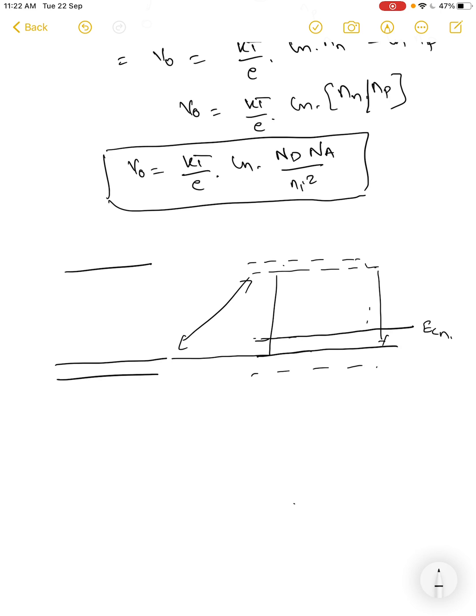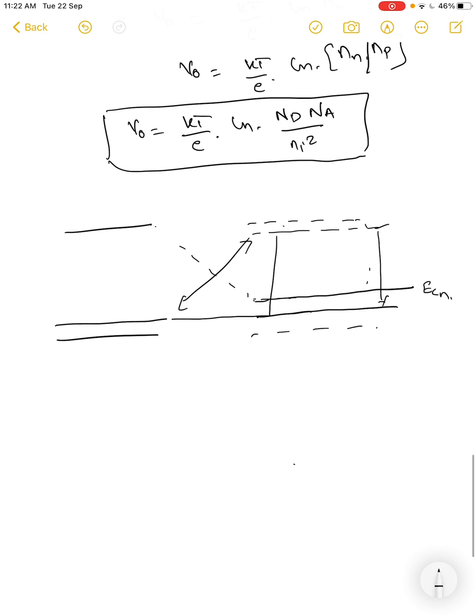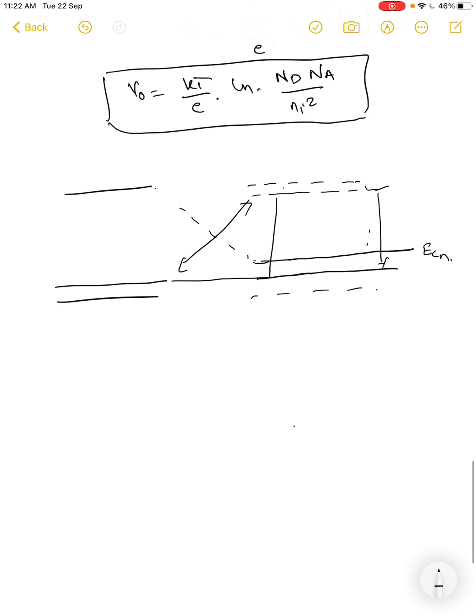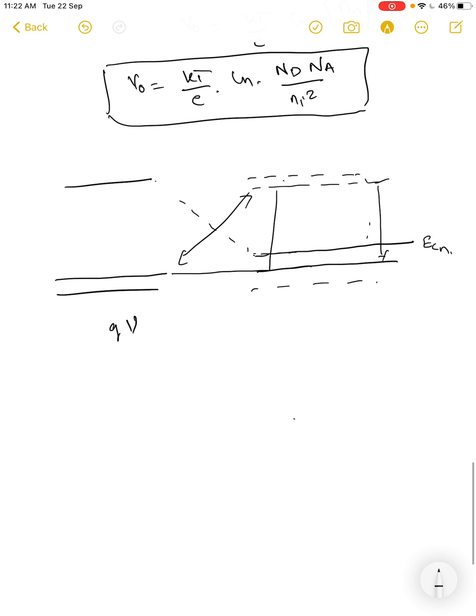So the actual movement, or the change in the conduction band, which is equal to the potential that we saw before, should be equal to the difference in the Fermi levels between these two in the n-type junction, right? So this is the geometric explanation of things. So basically the QV0 is the actual potential, the potential which was responsible for the drift, right?